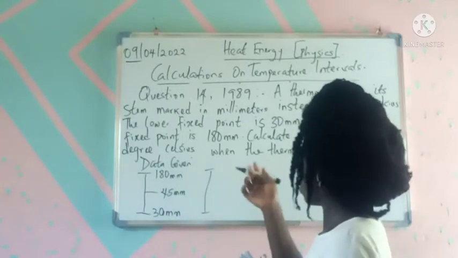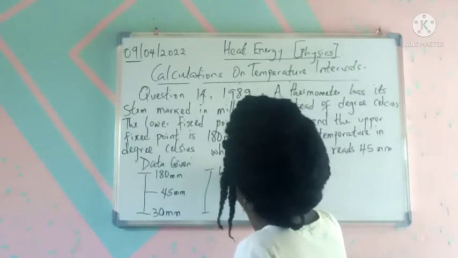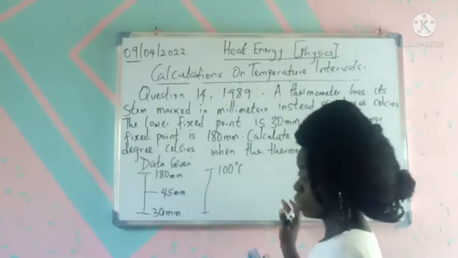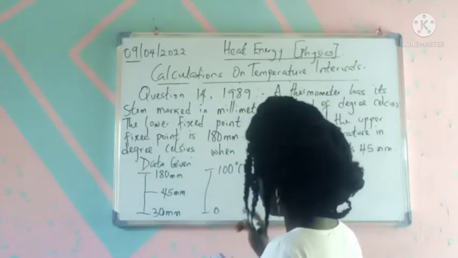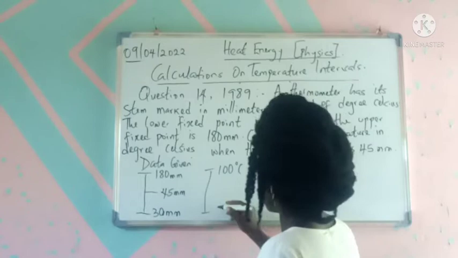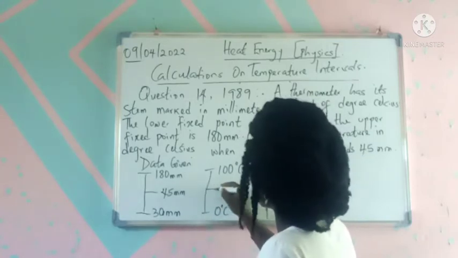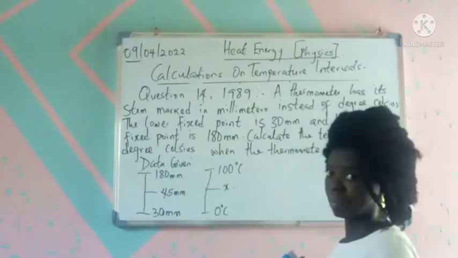So don't forget that your upper limit for degrees Celsius is going to be 100 degrees. That's the temperature for boiling water, and then the lower limit will be 0 degrees. So the lower limit will be 0 degrees Celsius, and this is what should correspond. So this becomes our x.